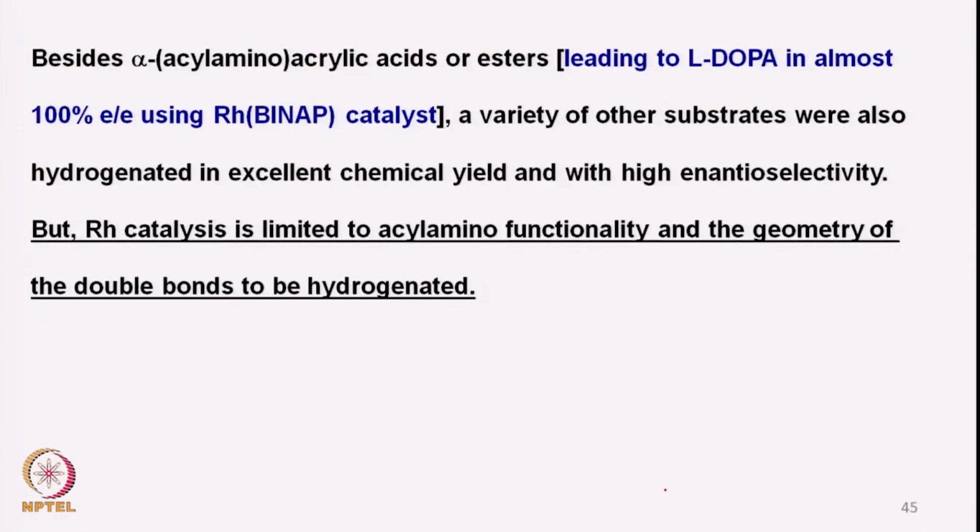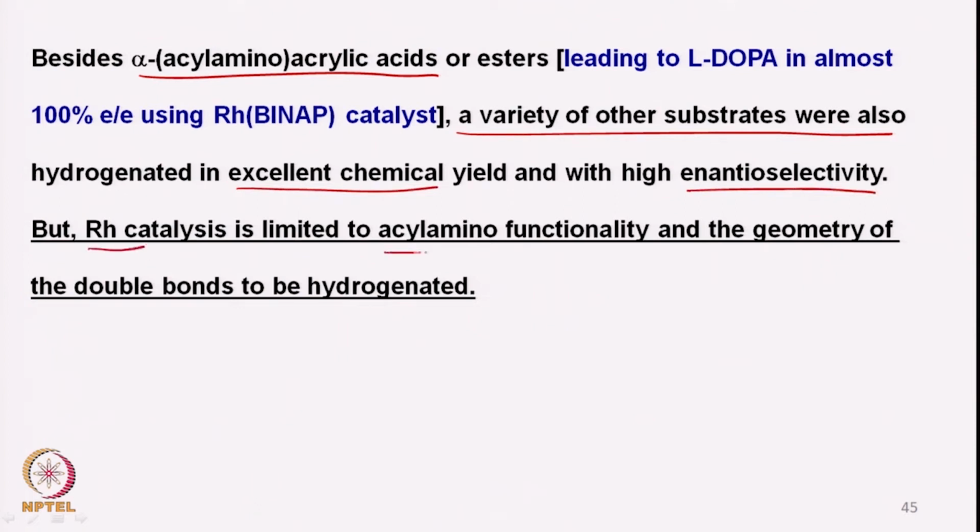Now, besides alpha acylamino acrylic acids or esters leading to L-DOPA, the same enamides which we have talked about many times, a variety of other substrates were also hydrogenated in excellent chemical yield and high enantioselectivity, but the rhodium catalyst is limited to acylamino functionality.